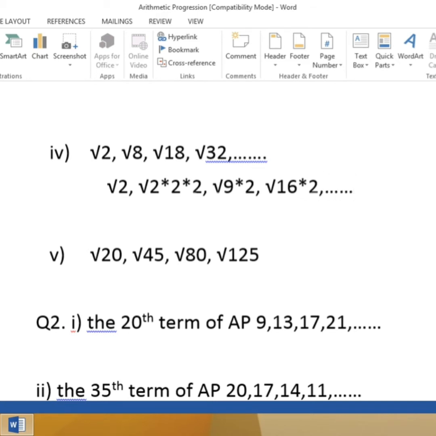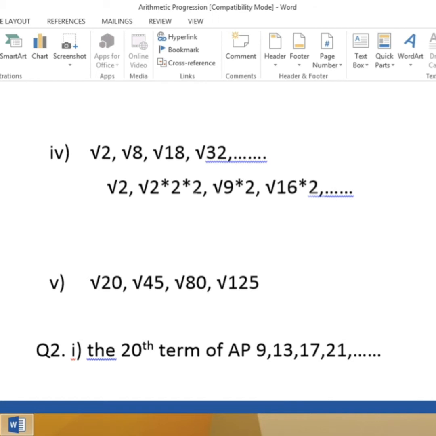And it goes on this way. And we already know square root of 2 into 2, you can take it out of the square root, it becomes 2. So the remaining only one square root is present over there. So 2 into square root of 2. That's for square root of 8. Square root of 8 can be written as 2 into square root of 2.